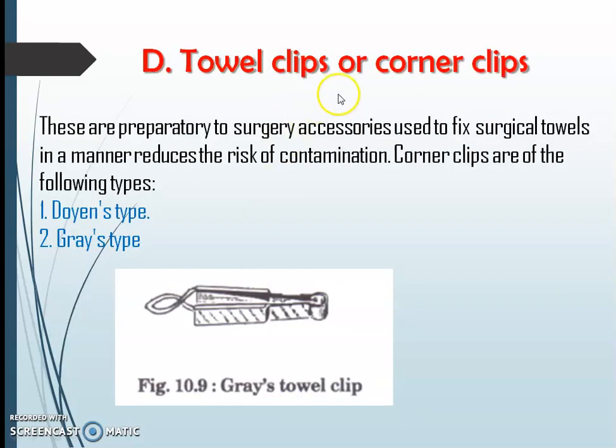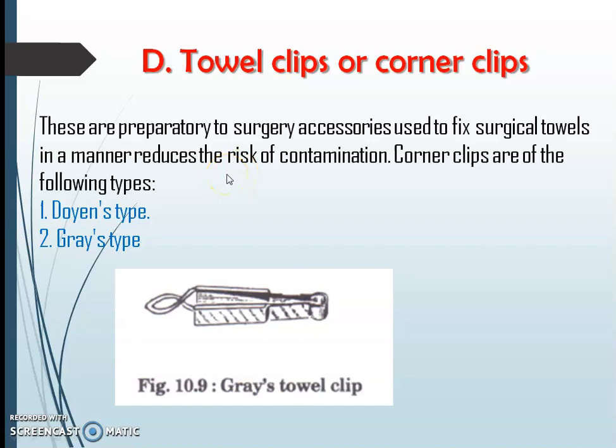Then we have towel clips or corner clips. This is another important material used for surgery. Towel clips or corner clips are preparatory to surgery accessories which are used to fix surgical towels in a manner to reduce the risk of contamination.